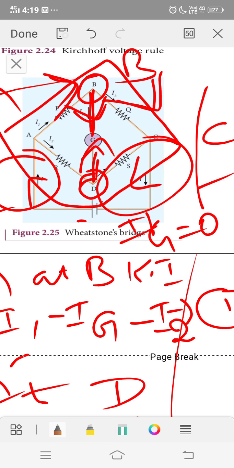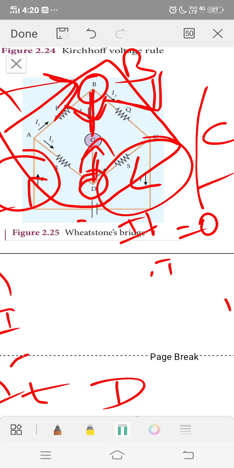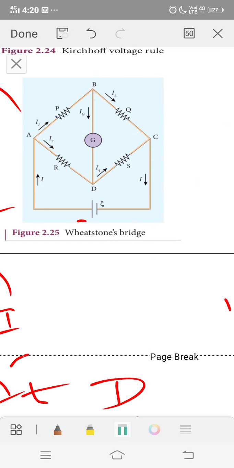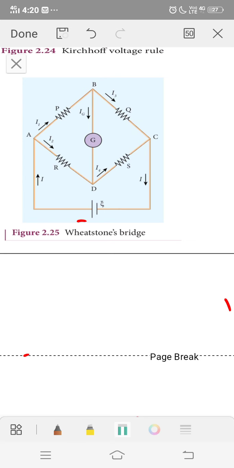When they are equal, the galvanometer does not show any deflection, it is just indicating null deflection. At this stage the bridge acts like a balanced bridge. Okay, so this is the balanced bridge. So we substitute all these equations and reduce them at this point of balance, when the null deflection is happening, and that is where we introduce the concept.